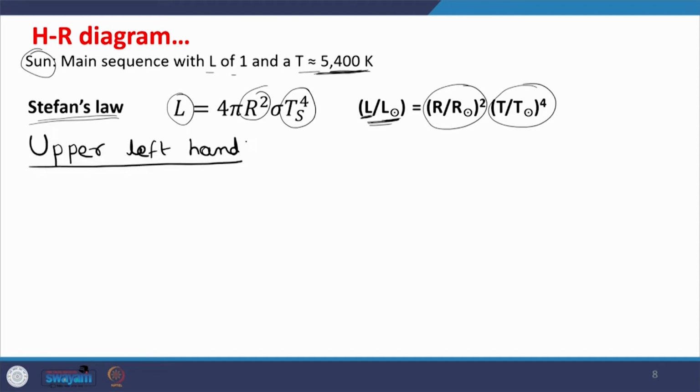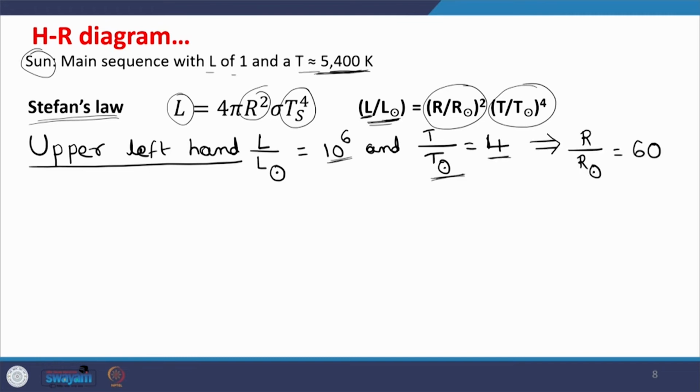In the upper left hand region, L by L naught is 10 to the power of 6. In the table also I have shown you this order, 10 to the power of 6, around 1 million times in terms of luminosity. If L by L sun is 10 to the power of 6 and T by T sun is about 4 for the upper left hand, the size of the star is given by this value.